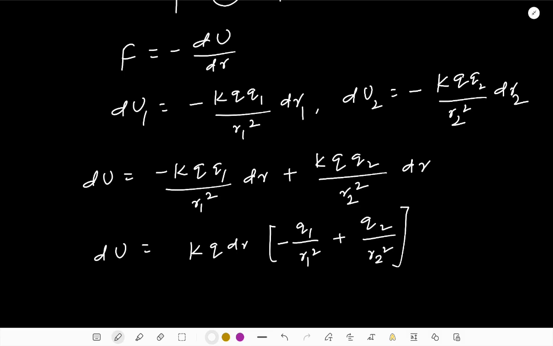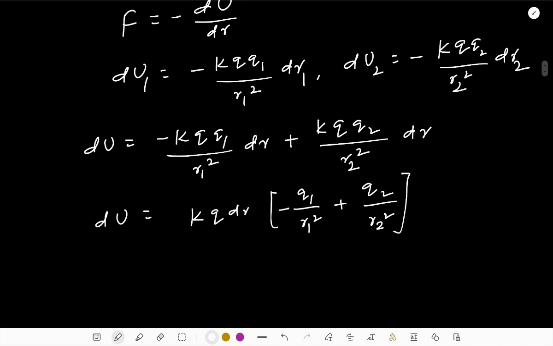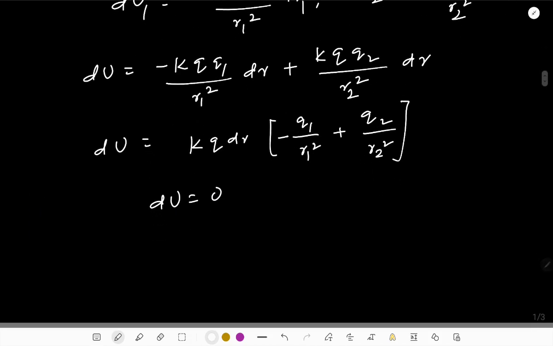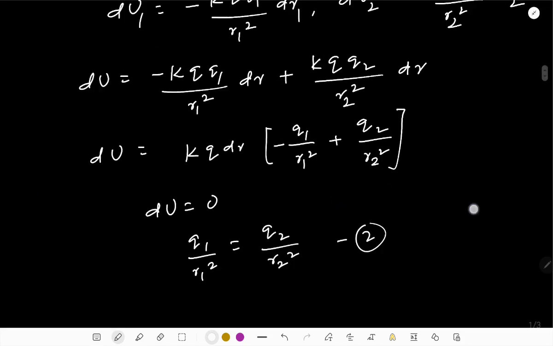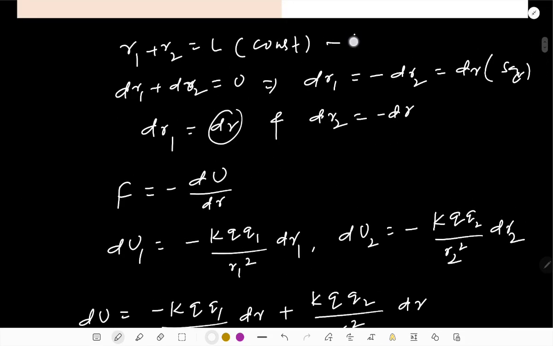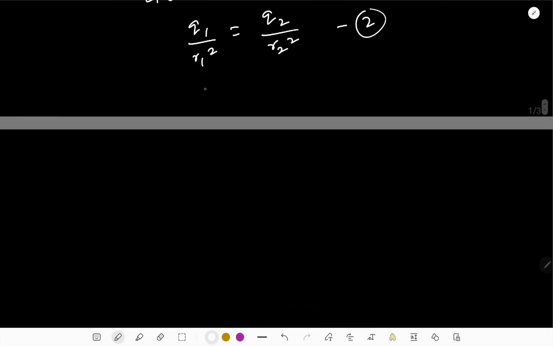And for equilibrium, dU must be equal to 0. So I can write that q1 upon r1 square is equal to q2 upon r2 square, and this is our relation 2, and our relation 1 was simply r1 plus r2 equal to L. Using both these equations together, we can find the values of r1 and r2.